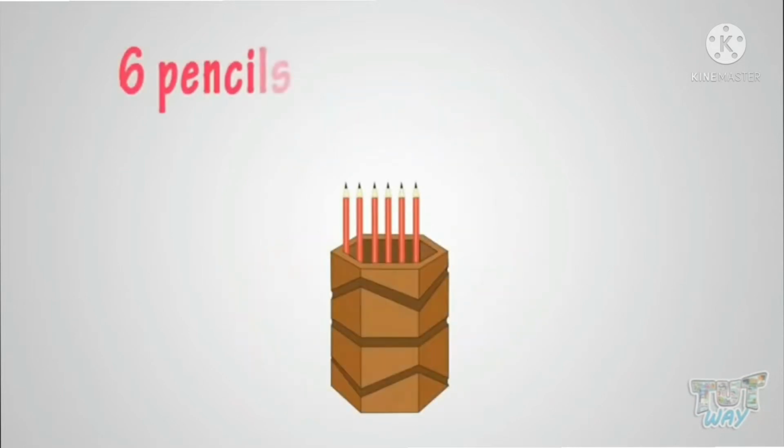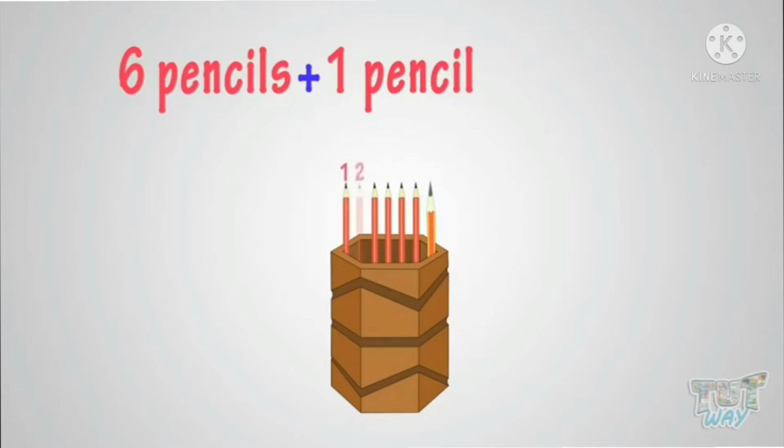There are 6 pencils in the stand. I put 1 more pencil in the stand. How many pencils are there in the stand now? Let's count. 1, 2, 3, 4, 5, 6, 7.